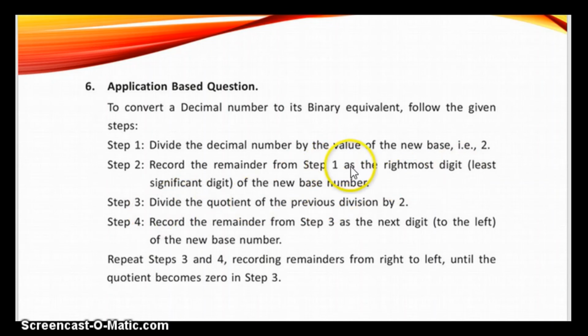So the topmost remainder will be on the right side, rightmost, and then divide the quotient of the previous division by 2, record the remainder from step 3 as the next digit of the new base number. Repeat steps 3 and 4, record remainders from right to left until the quotient becomes 0 in step 3.